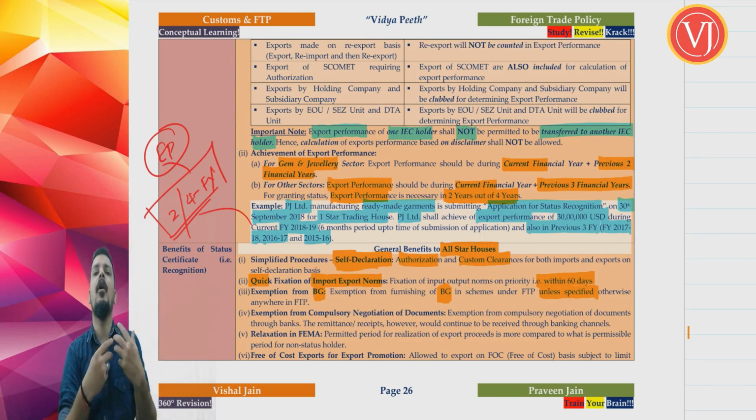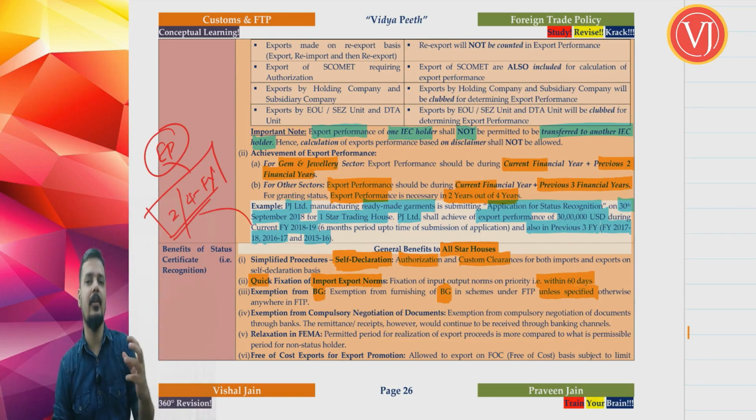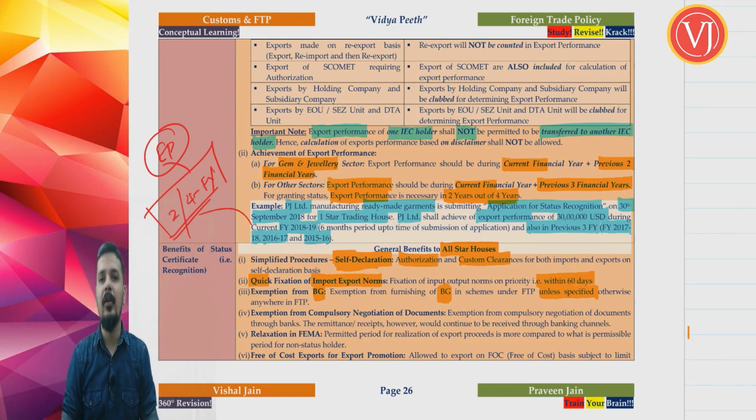See, why do you give bond or bank guarantee? Only to ensure that you are going to fulfill your export obligation. So when you take advance authorization or EPCG authorization, you have to fulfill certain exports, and because of that you give bank guarantee, telling that if I am not fulfilling my export, then I have to give back all the benefits that I have got.